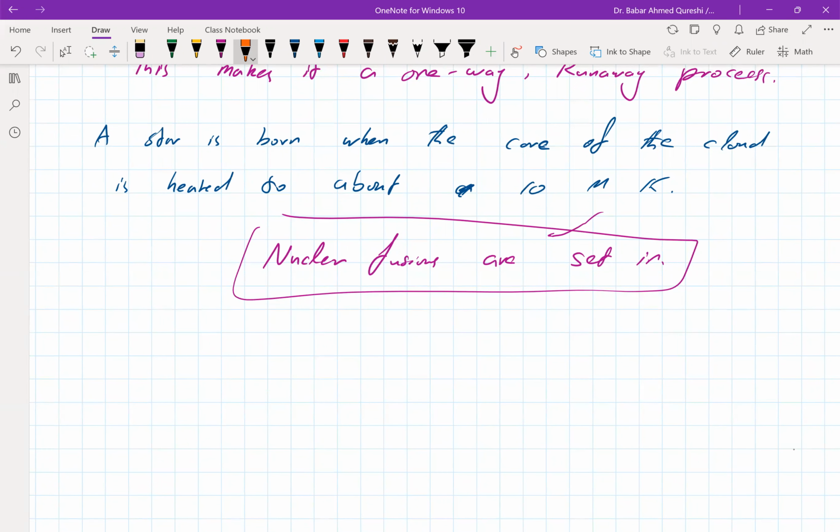So the proper life of a star, which we call the main sequence lifetime. All the stars on the main sequence on the HR diagram are going through this proper life.